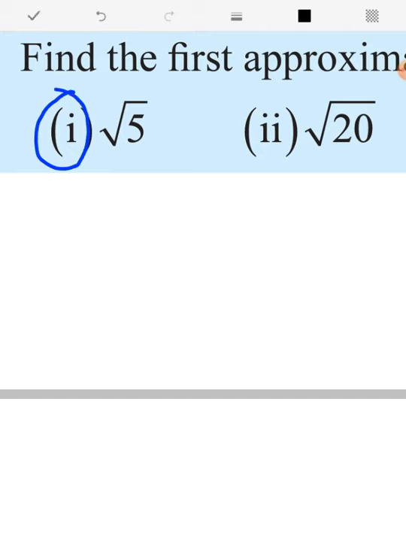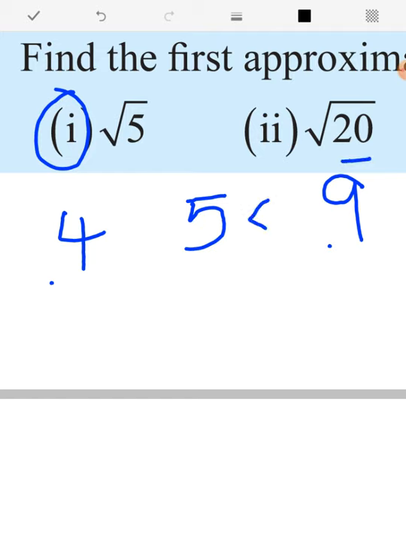Question number 1, the number 5. Number 5 is in between 4 and 9. These two are square numbers. The number 4 is less than 5, that is one of the square numbers. Number 9 is the next square number.